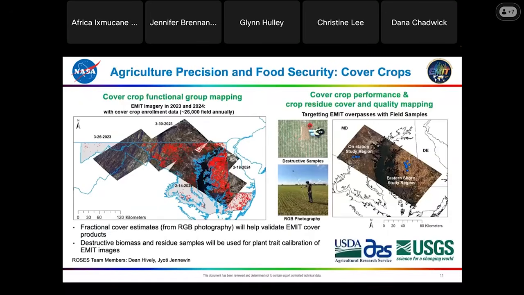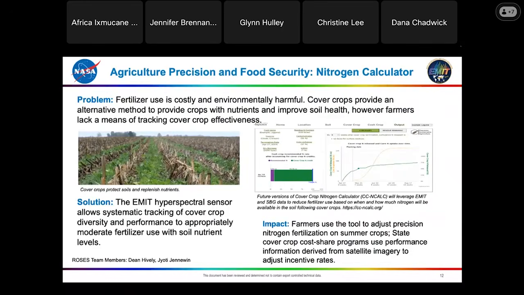We also have a couple of Rose's team members, Dean Hively at the USGS and Jody Genowan at the USDA ARS, who are doing a lot of work looking at using EMIT and similar data for precision agriculture. And so they've been thinking a lot about understanding cover crop, functional group mapping, as well as kind of the quality of that cover crop residual, so that they can better understand kind of who is doing cover cropping, and then also understand how that's helping with nitrogen management, for example.